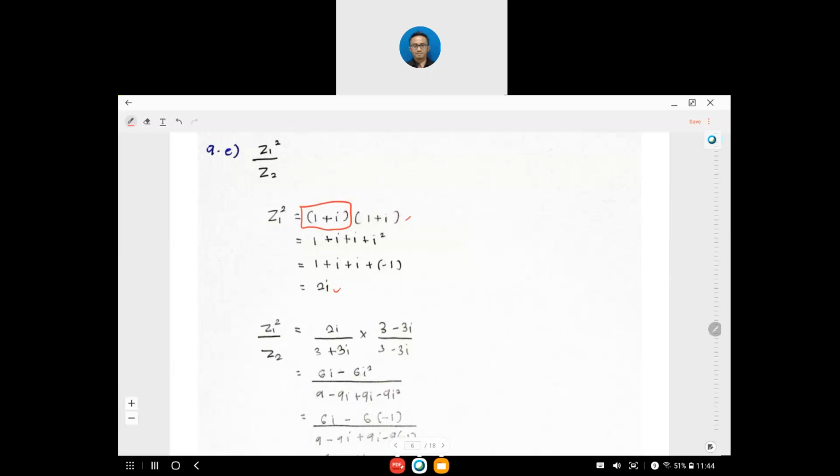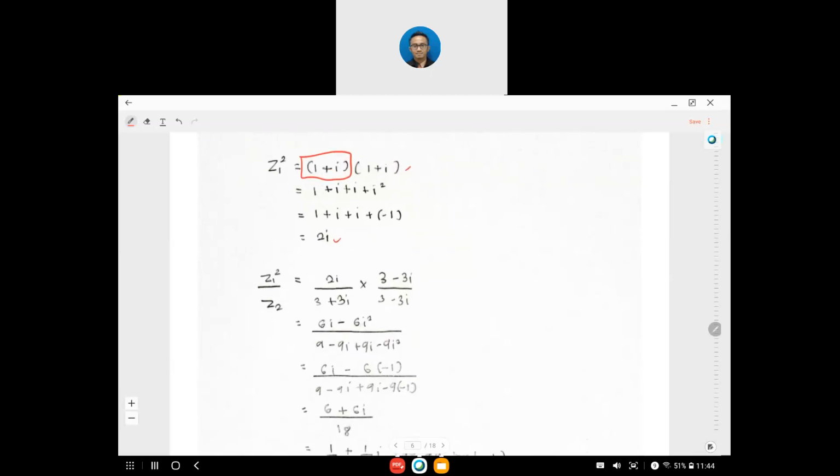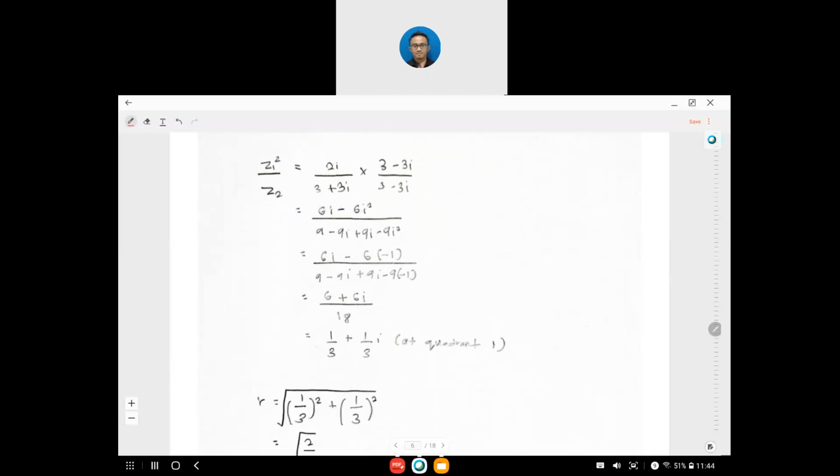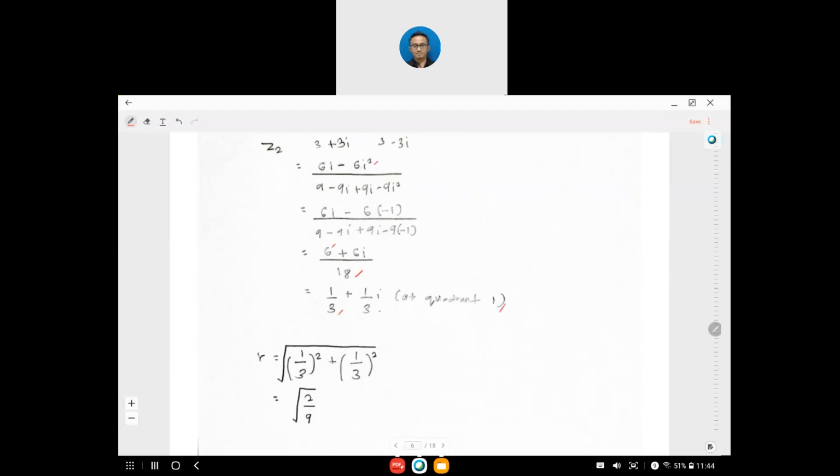Okay, Z1 square divided by Z2. 2I divided by 3 plus 3I. So times by conjugate, 3 minus 3I divided by 3 minus 3I. So this one you expand, you can get 18. Here expand this one, you can get 6I minus 6I square. 6I square is the positive 6 here. So it becomes 1 over 3 plus 1 over 3 I, quadrant 1 first.